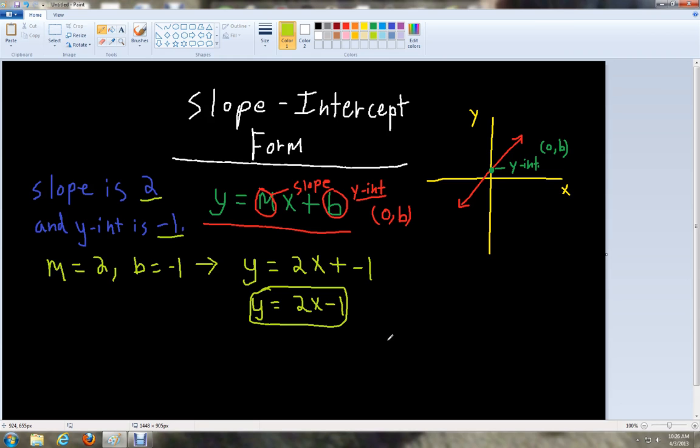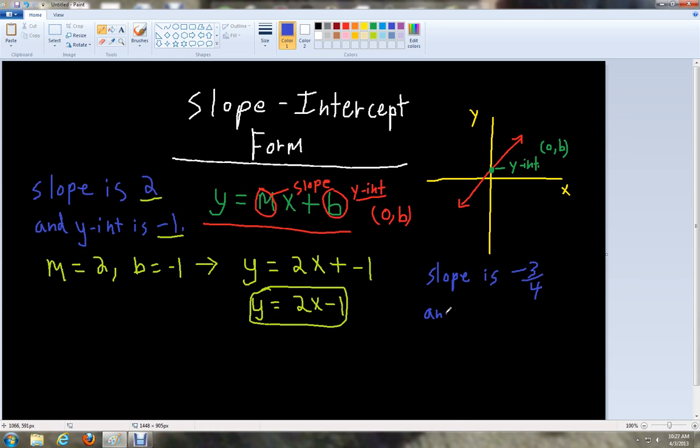Okay, the next problem we'll do, let's say the slope is -3/4. We'll do a fraction there.